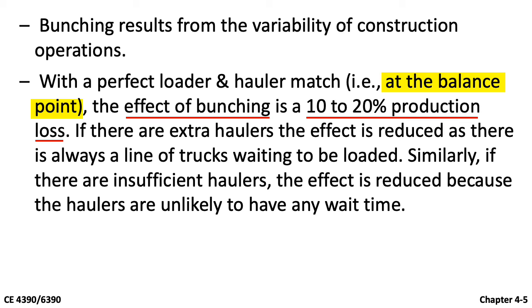If there are extra haulers, the bunching effect is reduced because there is always a line of trucks waiting to be loaded, so the loader will work all the time with no idle time. Similarly, if there is an insufficient number of haulers, the bunching effect is also reduced because the haulers are unlikely to have any wait time.